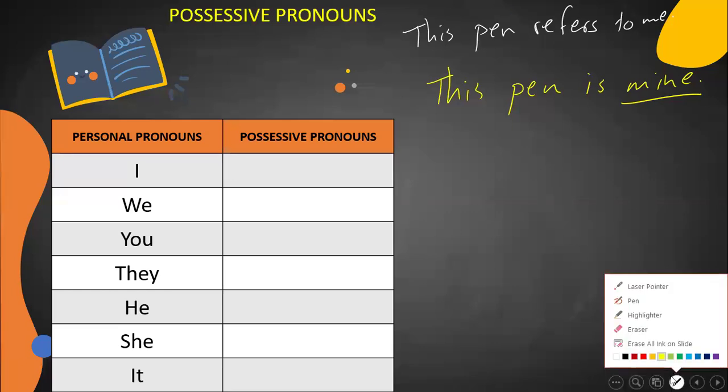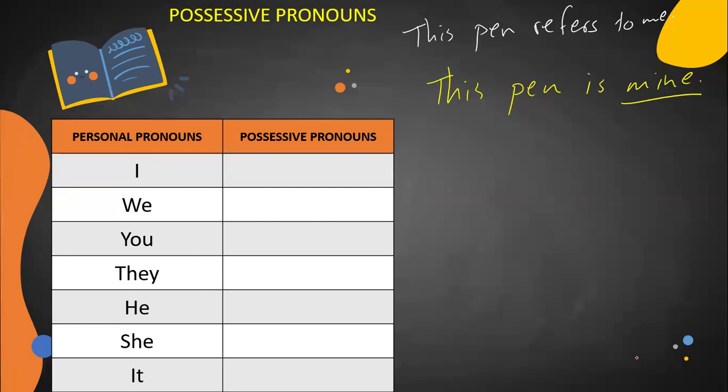So what are the other possessive pronouns in English? We have mine, ours, yours, theirs, his, hers, and there is no possessive pronoun for the pronoun it.